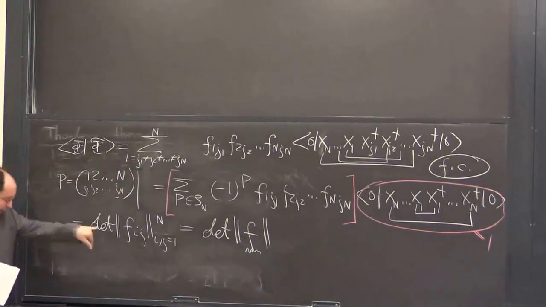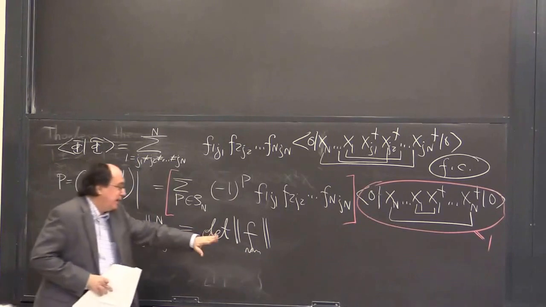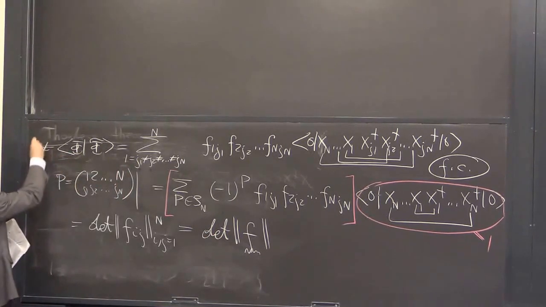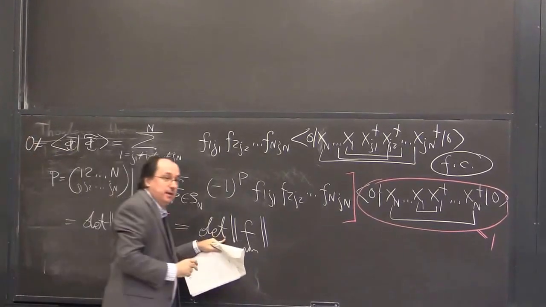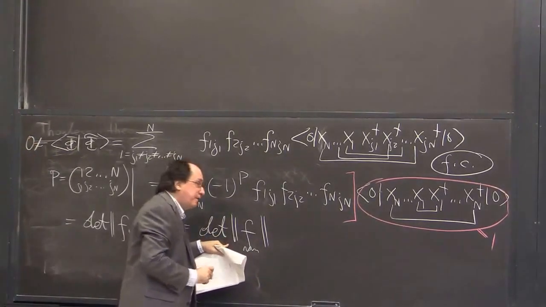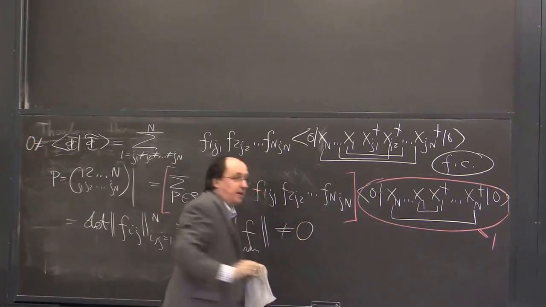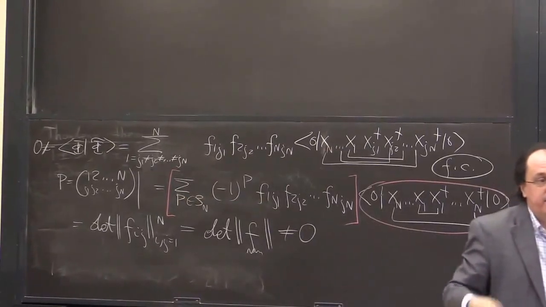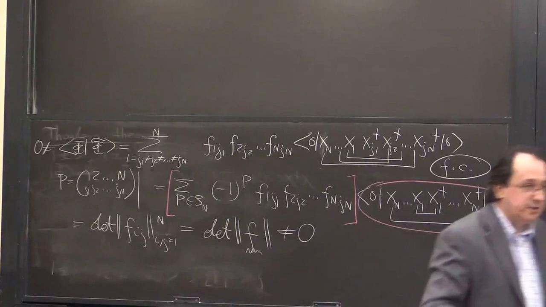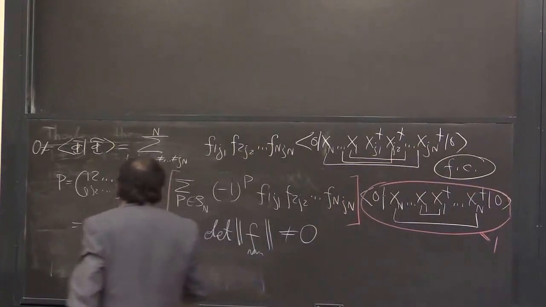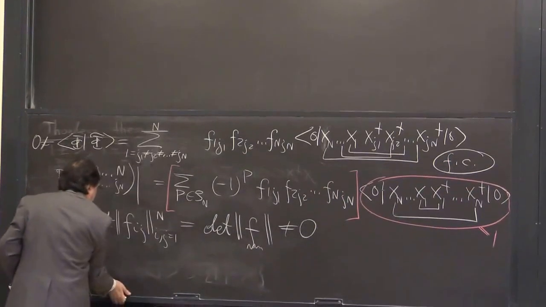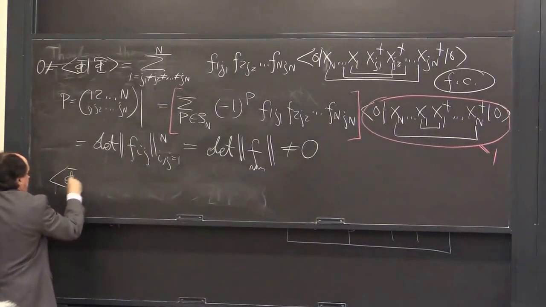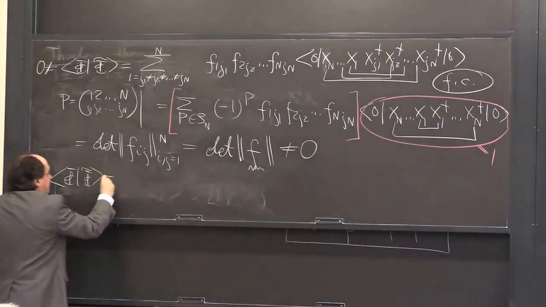Anyway, going back to where we are, if you look at this consideration, we are assuming that this is not 0, meaning that the determinant of this matrix of coefficients must be not zero. That means that this matrix F must be non-singular. If it's non-singular, we can invert it, and we'll use this information in a moment. But specifically, in our proof, as I said, we'll be assuming that the overlap of phi and phi tilde is 1.